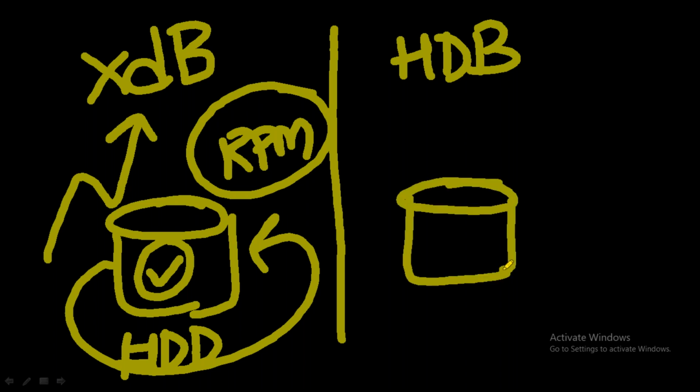So SAP HANA is also a disk, but it is not a spinning disk, right? It is powered by a solid state disk, SSDs. Some of you might be aware when you go to the retail store to buy a computer or a laptop, or even today our iPhones and the mobile phones, you have those SSDs, solid state disk. It does not have any spinning disk, so no more vibrations in our laptops, because if it is SSD, there is no spinning disk.